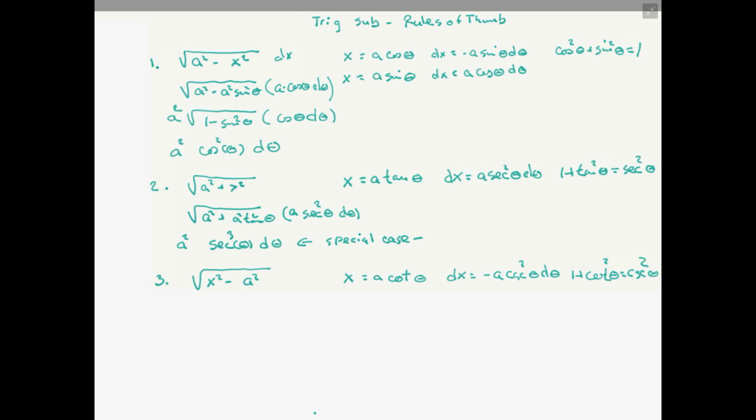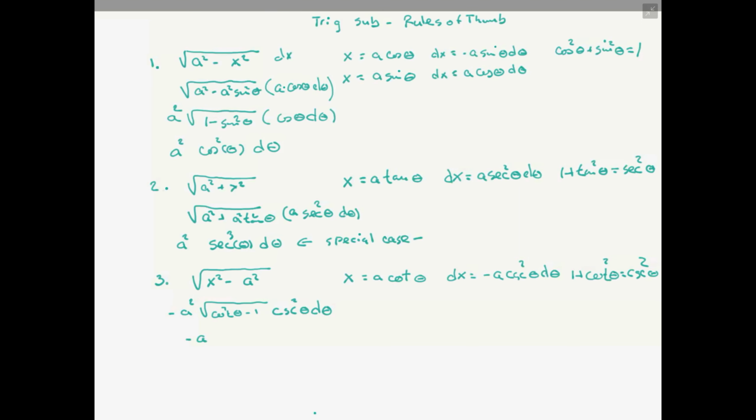And in this case, we would have a cotangent squared theta minus 1, that would be a squared, a negative sign, cosecant squared theta d theta, and we do the same thing down here.